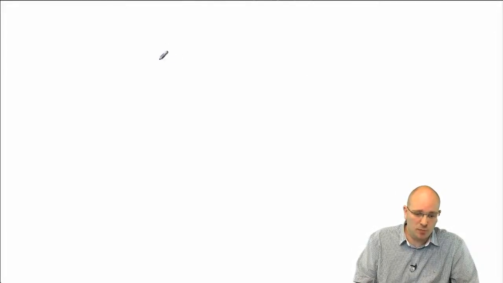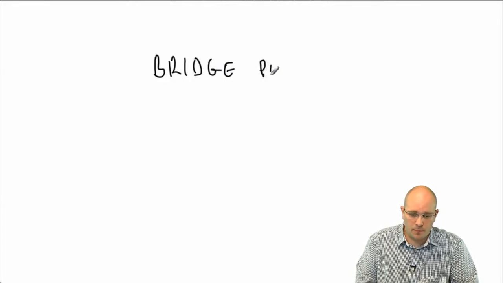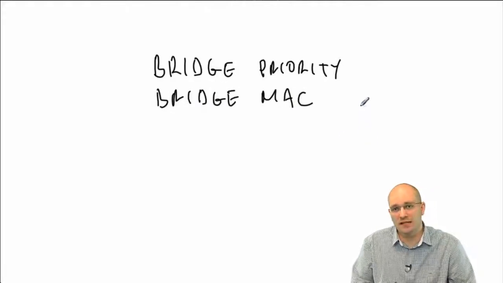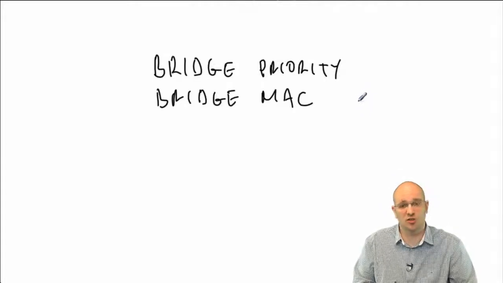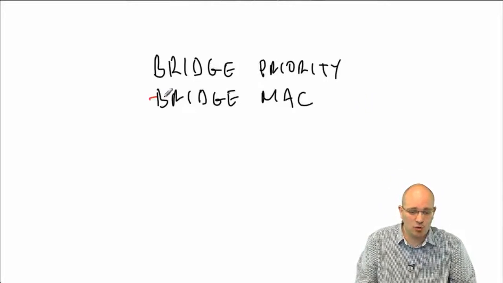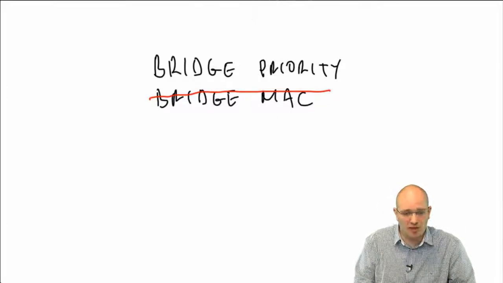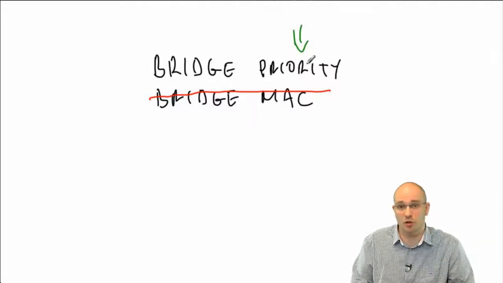It is going to be the bridge priority and, of course, the bridge MAC address. Bridge MAC address is the value that is pre-configured on the switch. There is nothing we can do about that. So affecting root elections is going to be a factor of manipulating the bridge priority.